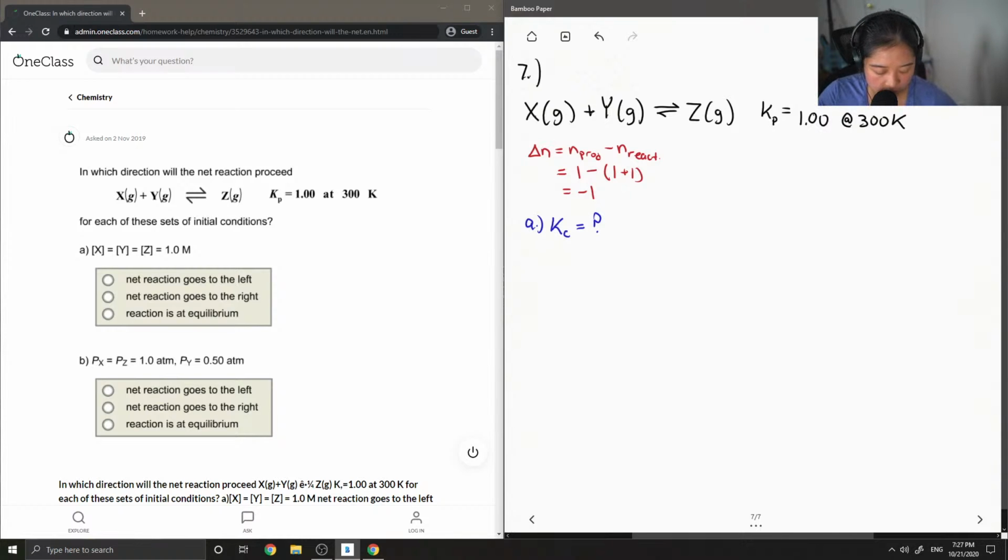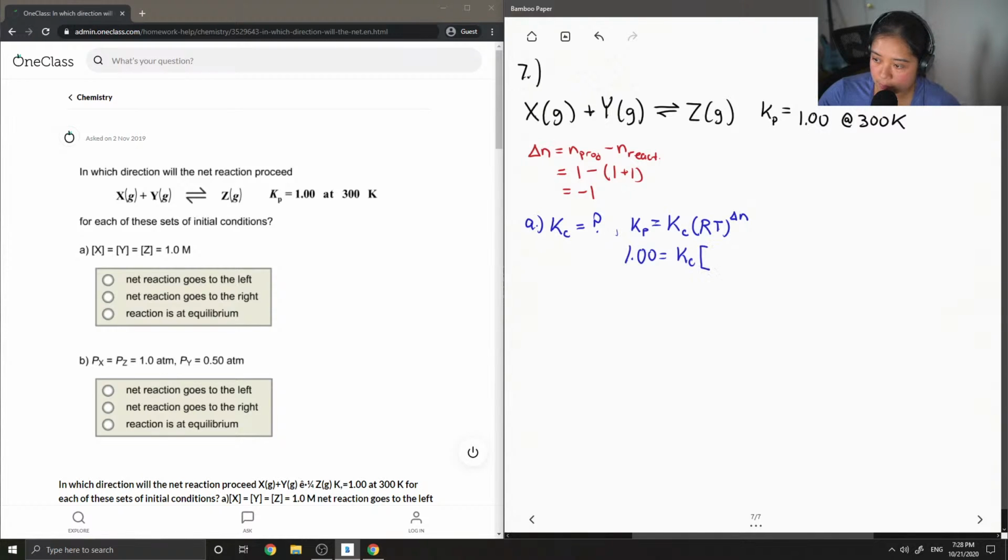So then to solve for Kc, I'm going to use the following equation, where Kp, so the equilibrium constant for the pressure, is equal to Kc times RT to the power of delta N. So I know that Kp is equal to 1. Kc is what we are trying to solve for.